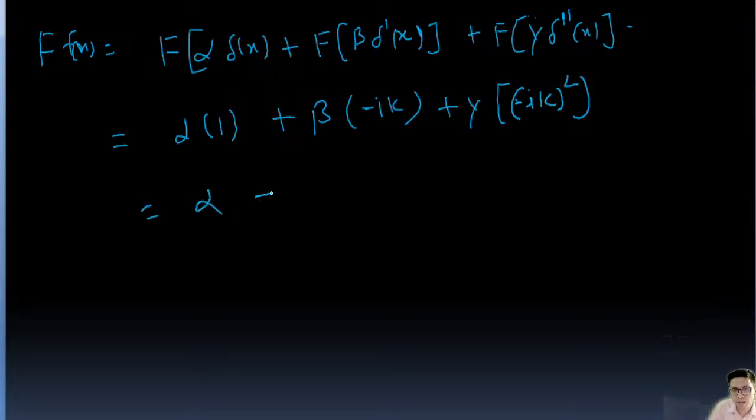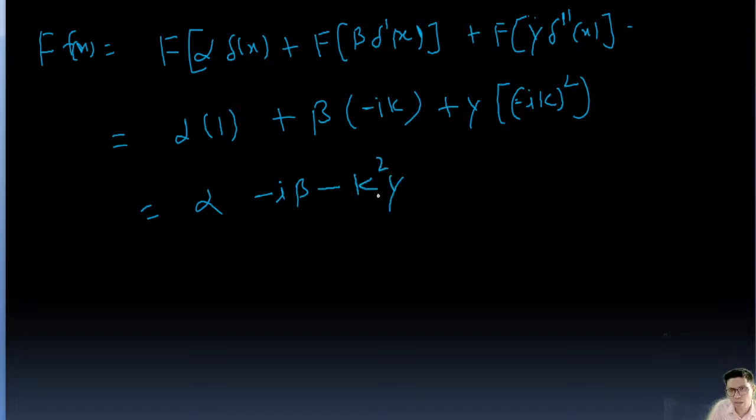So alpha minus iota beta k plus, this is going to be i square, the value of i square is minus 1, so minus k square gamma.